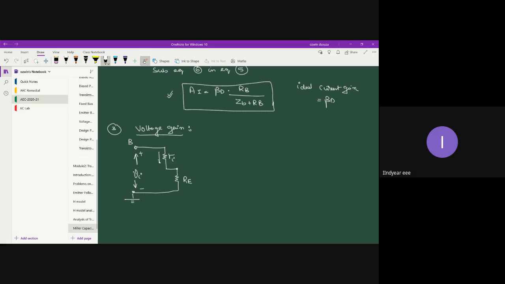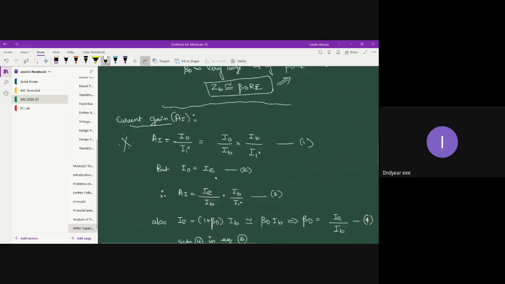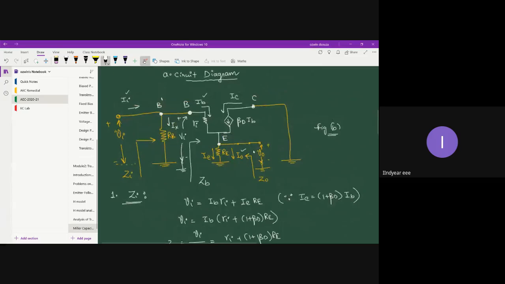Through RI, current IB flows, and through RE, current IE flows. And this itself is V naught basically. The voltage which is appearing across RE is our V naught. Let me show you in the main circuit. See, voltage across RE is V naught.